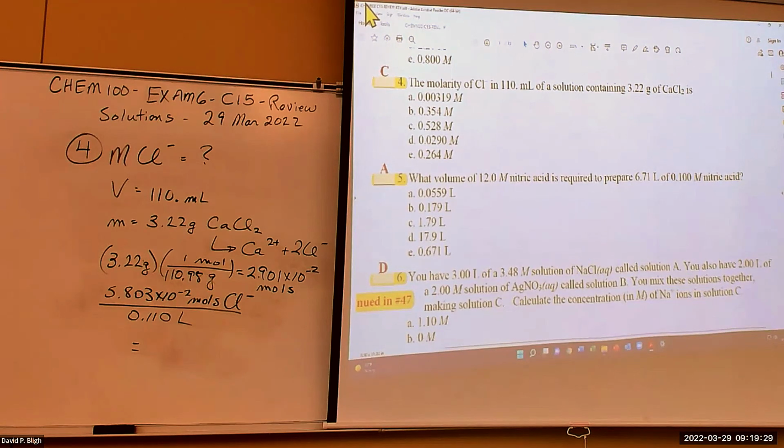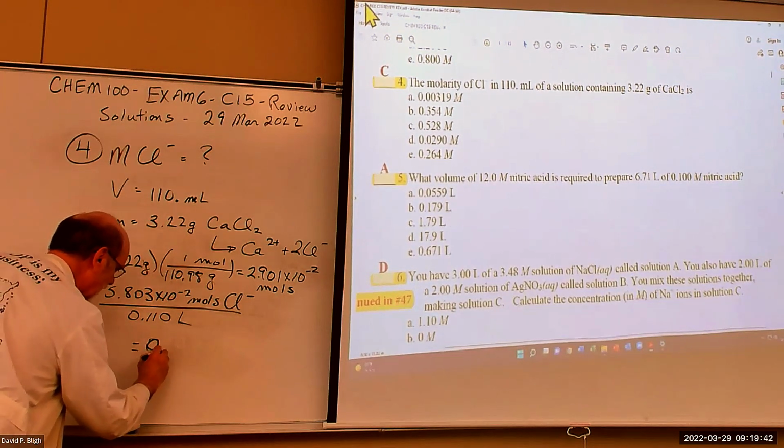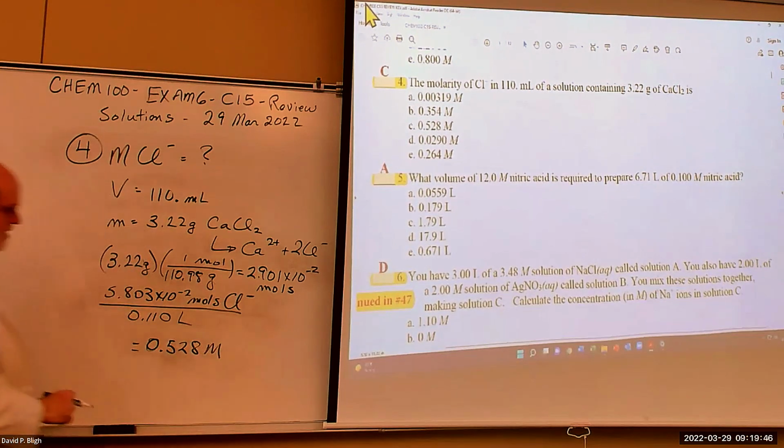And I get, excuse me, 3 significant figures, rounded off, I've got 0.528. And let's see, is that up there? There it is. Okay. We could have gone the other route. It would work just as well.